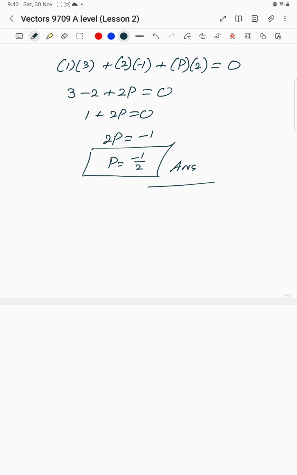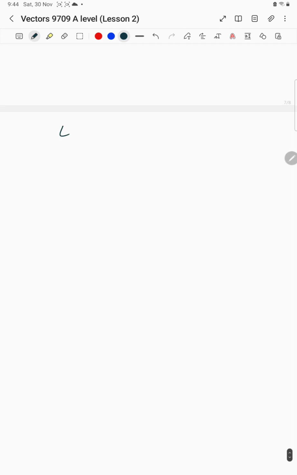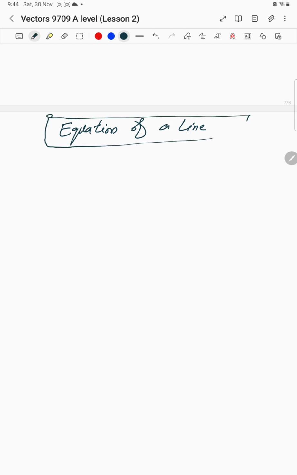Now guys, we will discuss the equation of a line. In vectors, we have three methods to represent the equation of a line. Number one, vector form. Number two, parametric form.